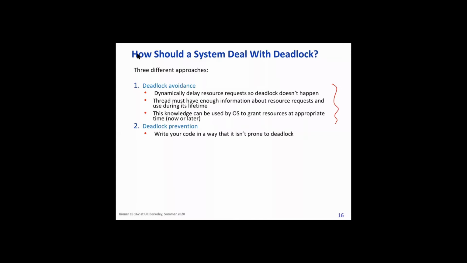Basically it's a dynamic mechanism wherein resource requests are dynamically delayed so deadlock doesn't happen. But for that, a thread must have enough information about resource requests and use during the timeline. It means that a thread or process should know what its need is all throughout its timeline.